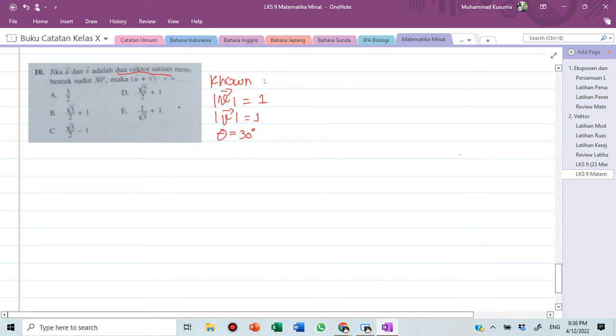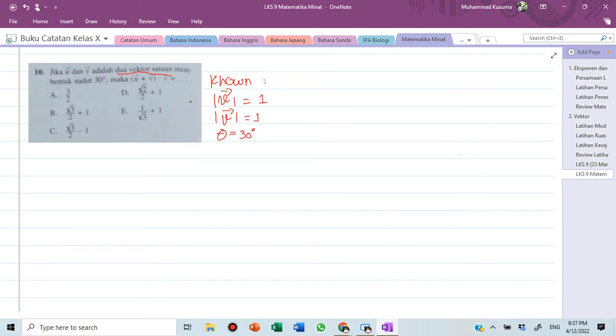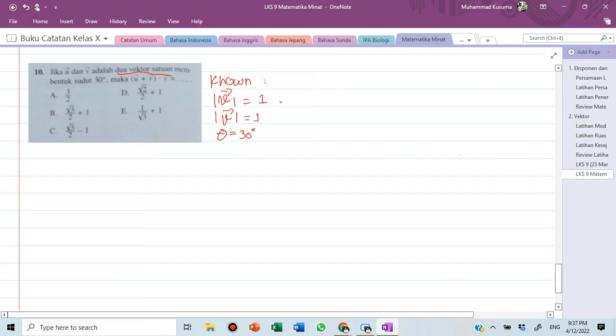It is the property of it. If the vector is a unit vector, then the magnitude of it will always be 1.